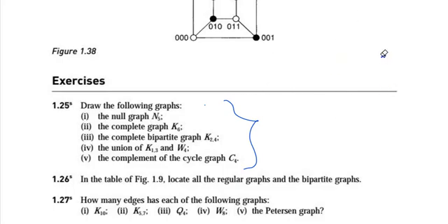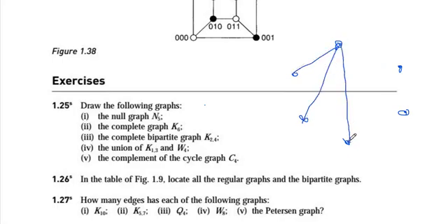Then the complete graph K6. This is 1, 2, 3, 4, 5, 6. Each vertex is connected with every other vertex, like this.